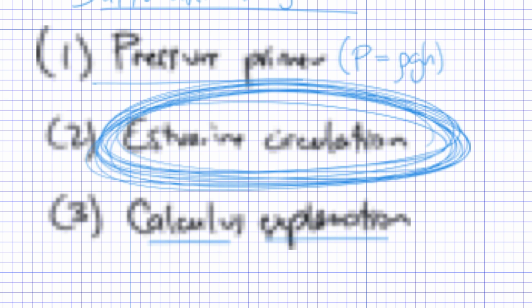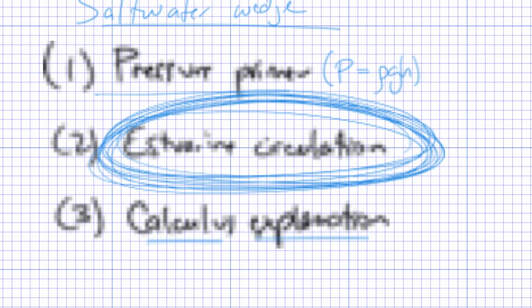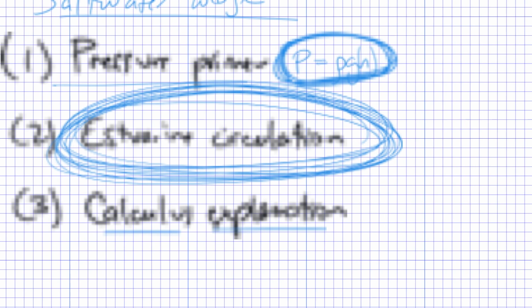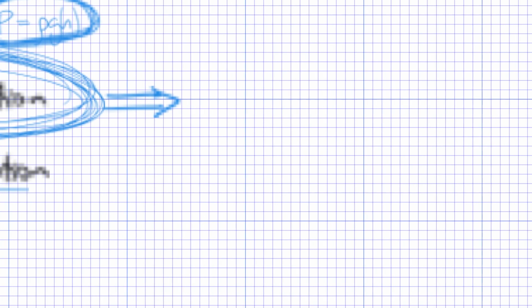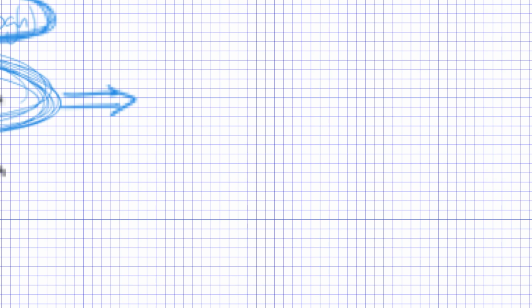When we do the third part, you will see both the power and the limitations of the calculus. I'm not going to use this bit just yet, but we'll get to that in a second. So right now, let's just talk about this estuarine circulation and what's going on in the saltwater wedge. What is the saltwater wedge, and how does that have to do with the estuarine circulation?